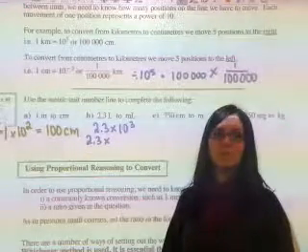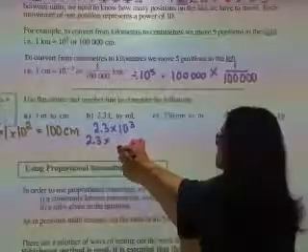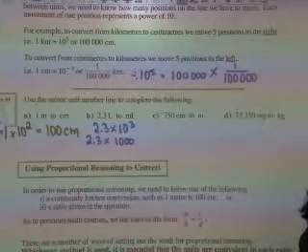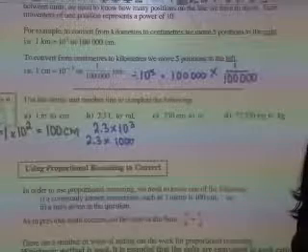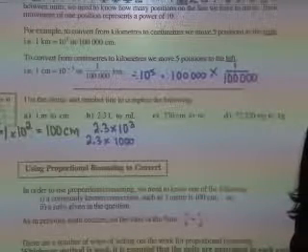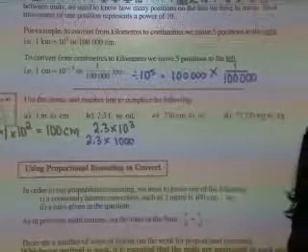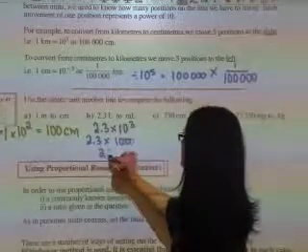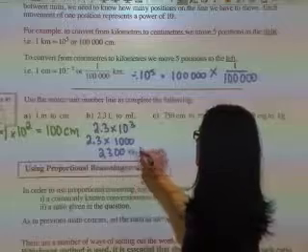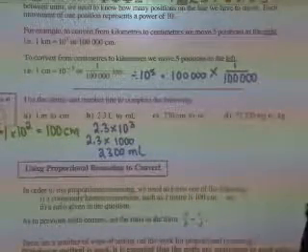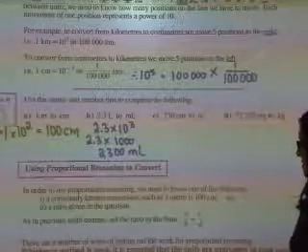No, other way. You're dividing. 1,000. So if I take 2.3 and I multiply it by 1,000, what would I get? 2,300. So 2.3 liters would be the same as 2,300 milliliters.